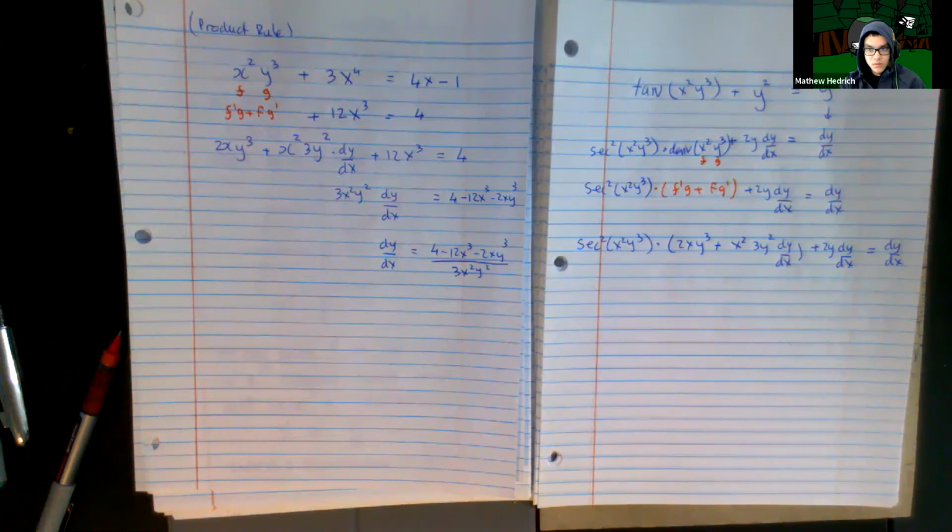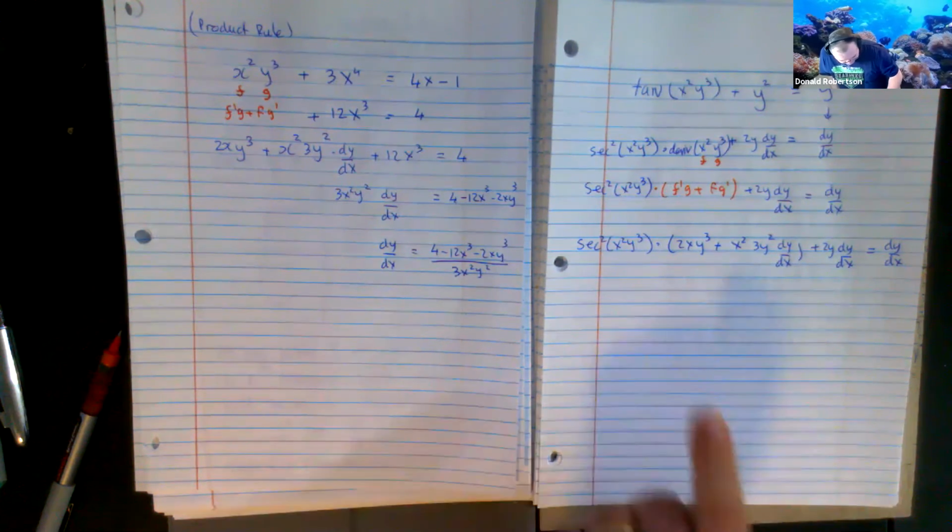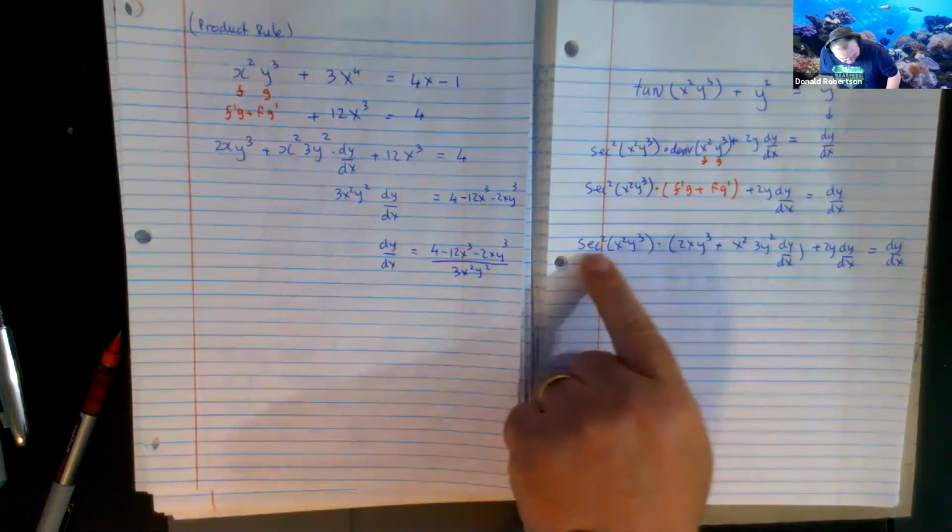Distribute the secant squared. Yeah, which for some of you might seem counterintuitive, but sometimes you have to make something uglier before you can make it nicer. You just have to. So I'm going to multiply through these 2 guys with that fella.